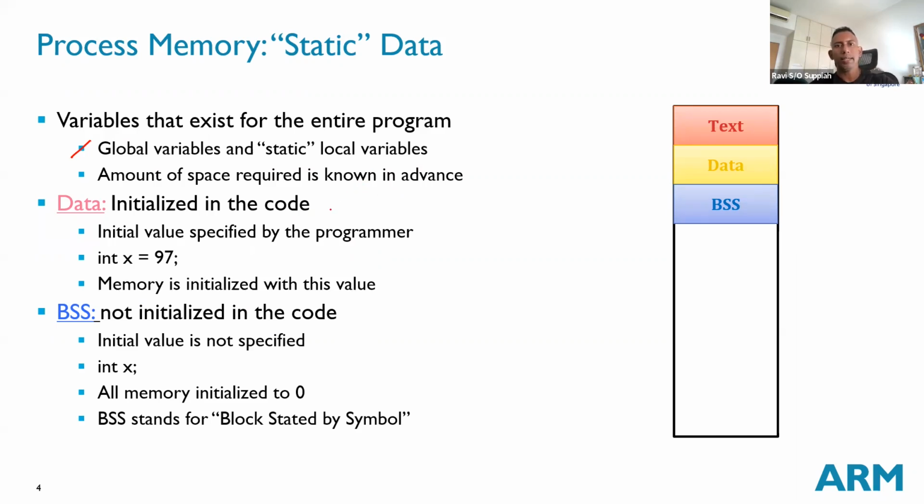If they are initialized with a value, then they go into the data segment. If you declare but do not initialize, then they go into another segment called the BSS, where it is initialized to 0 by the compiler. So global or static local variables go in either the data segment or the BSS segment of your memory.